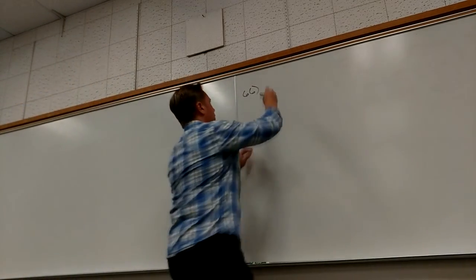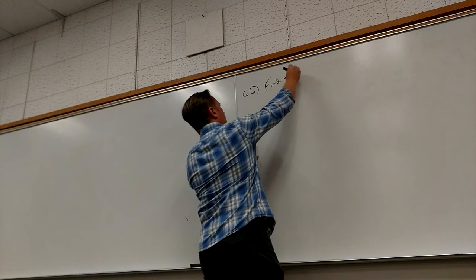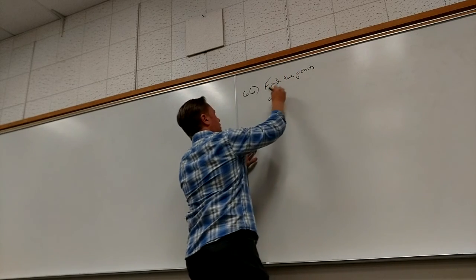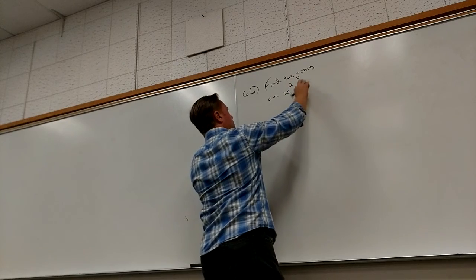And that problem says, find the points on the ellipse with 2y squared.